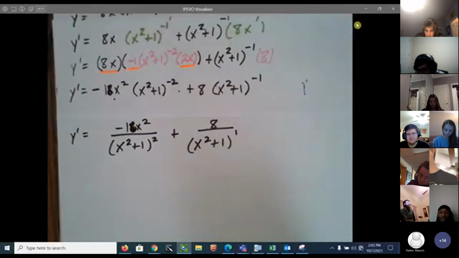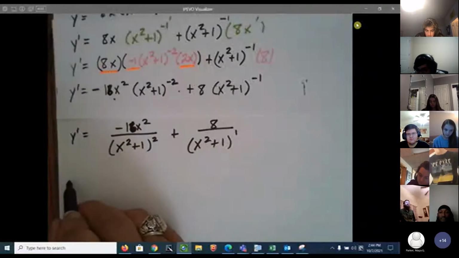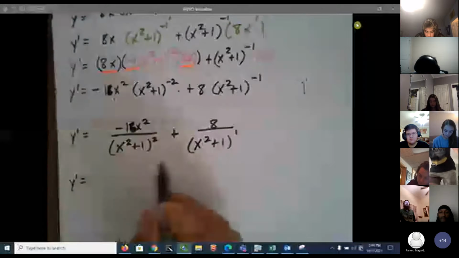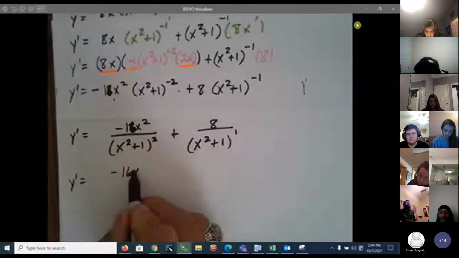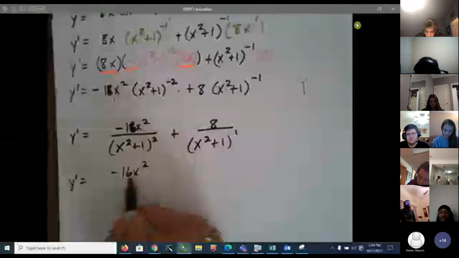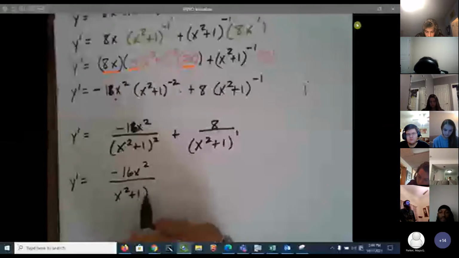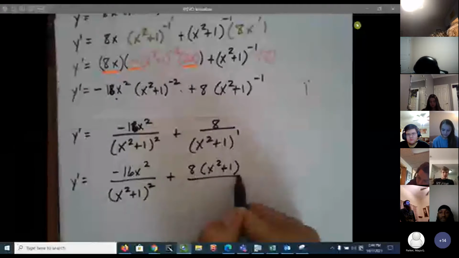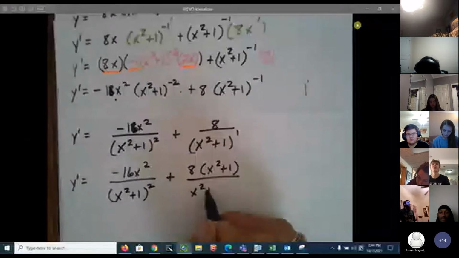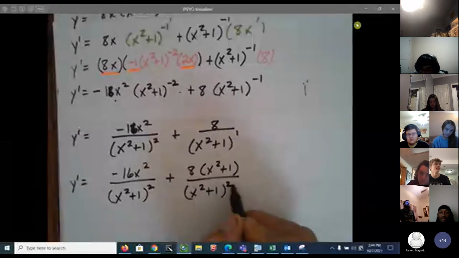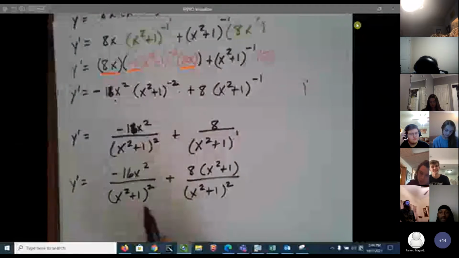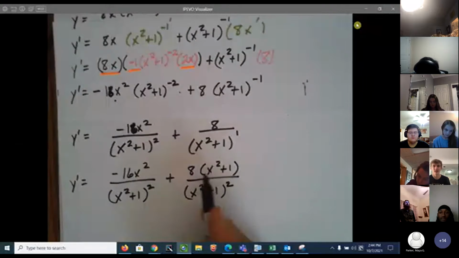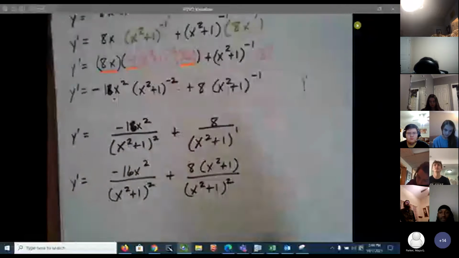Okay, now I'm going to get a common denominator. y prime is equal to negative 16x squared over (x squared plus 1) quantity squared plus 8 times (x squared plus 1) over (x squared plus 1) quantity squared. So that's the common denominator, and I already fixed this numerator, so I have to distribute this.